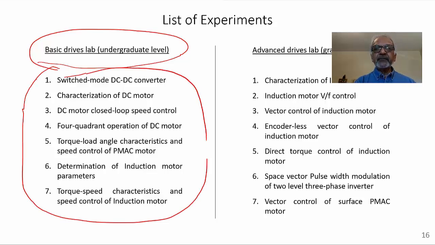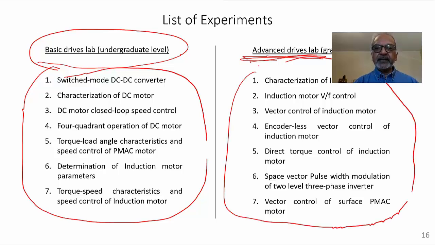When it comes to the advanced drives lab, it's at the graduate level, but some qualified seniors do take it. In the past, using the older laboratory, we were never able to do these advanced vector controlled type experiments, but all these experiments are now possible, and we have been teaching this lab.